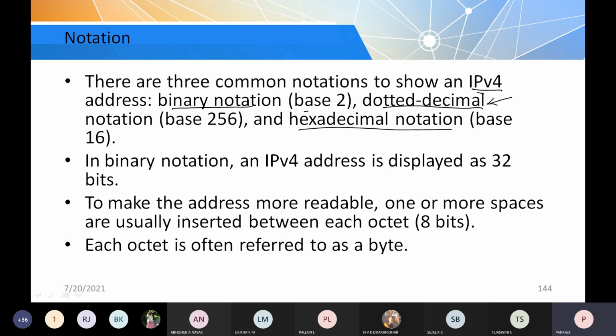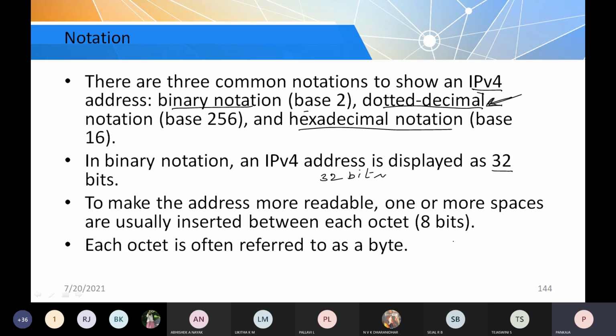Most of the time we represent the IP address with dotted decimal notation. In binary notation, the IPv4 address is displayed as 32 bits. In all three methods, the number of bits used is 32 bits only; that is the length of the IP address. To make the address more readable, one or more spaces are usually inserted between each octet.